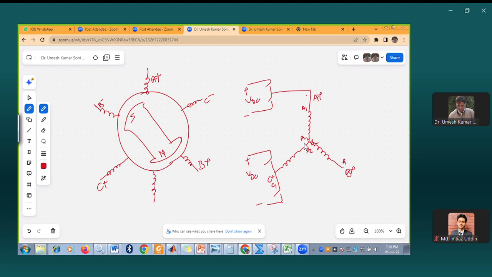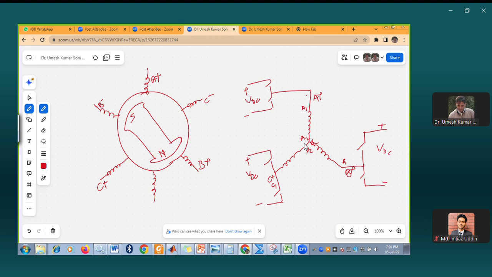Here in the other terminal we have BDC positive and negative.